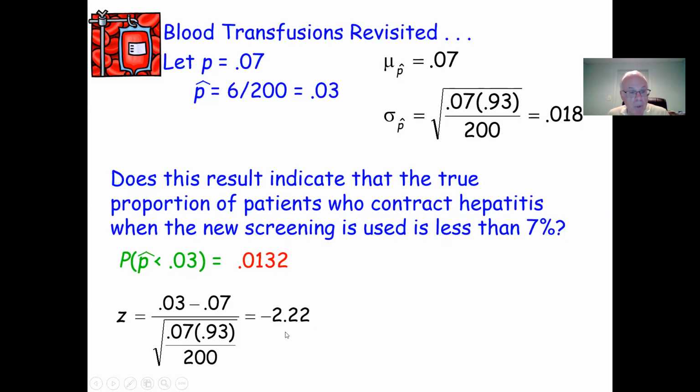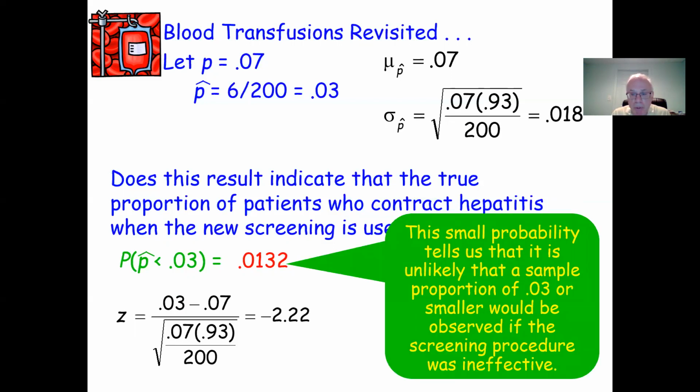Now, what did they find? They found that it's a little bit more than a 1% chance of getting a sample result of 3% hepatitis rate when we're assuming a 7% population rate. Well, that's highly unlikely, assuming a population rate of 7%. So most likely the true rate is probably less than 7%.